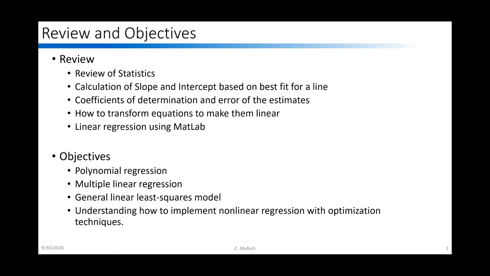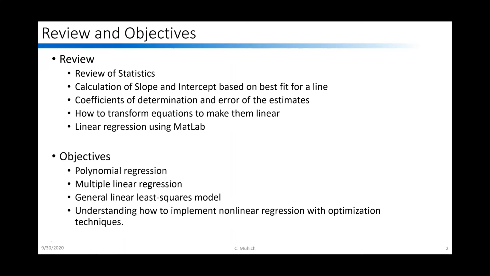Remember, we talked about basic statistics, including locations of data and spread of data, and then several variations of that, particularly averages, standard deviations, and variance. We use those concepts in combination with calculus to find slopes and intercepts of the best fitted lines using a sum of squared error.